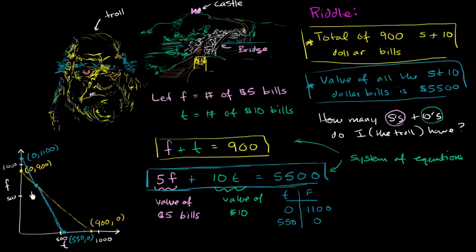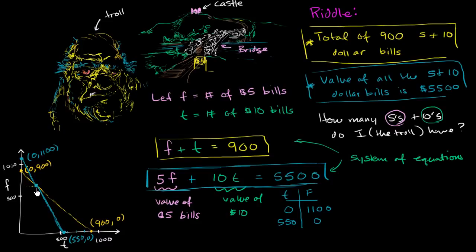If we drew this graph really precisely, we could see how many 5s that is and how many 10s that is. And actually I encourage you to graph it very precisely and come up with how many 5s and how many 10s that is.